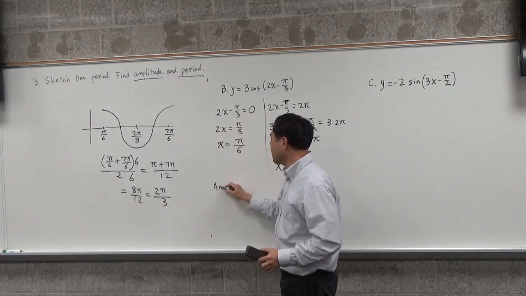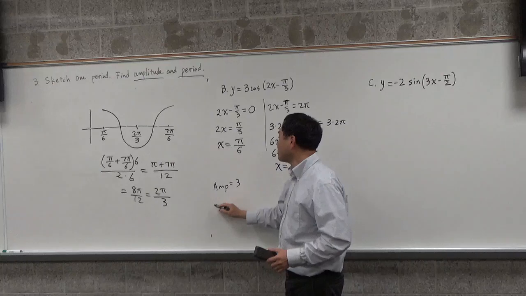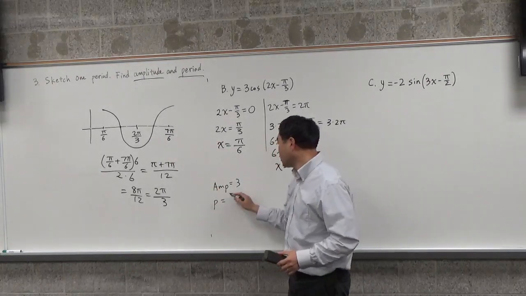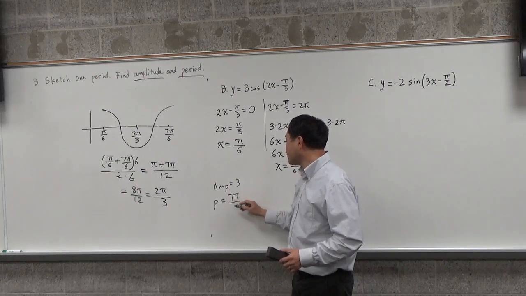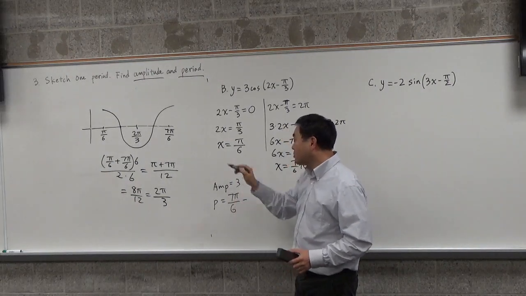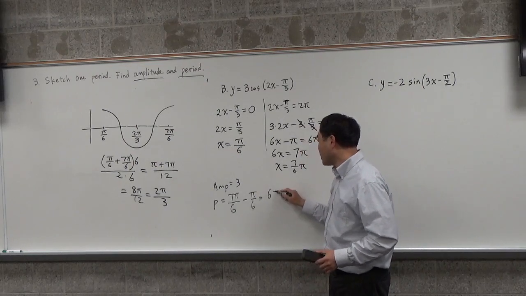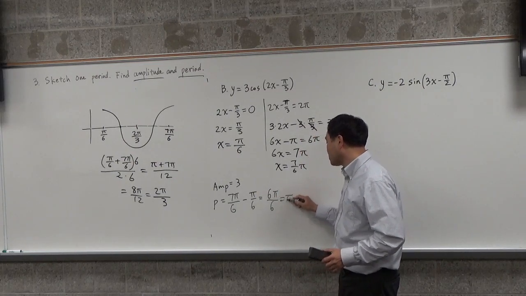What's the amplitude? 3. What's the period? Well, period would be terminal minus initial. So the graph ends at 7 pi over 6 and begins at pi over 6, right? So it will be 6 pi over 6, which is just pi. So the period is pi.